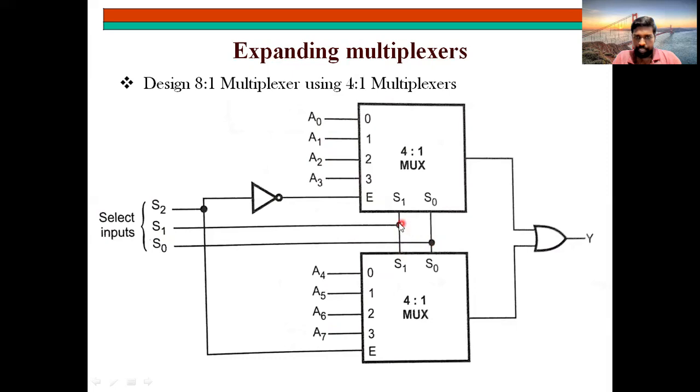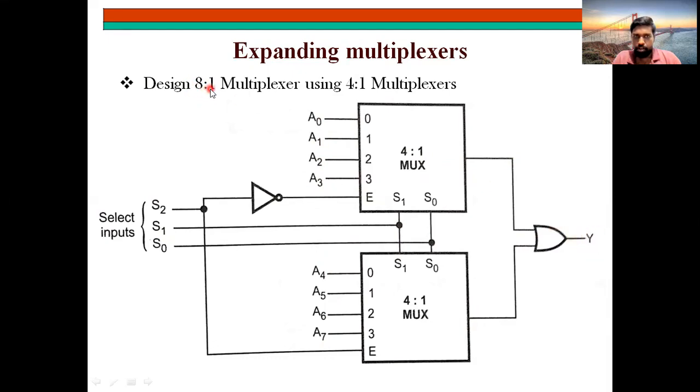Whenever we are performing cascading, that means tying of inputs, then these 4 inputs and these 4 inputs will add. So 4 plus 4, you will get 8. So we got 8 inputs. And for this, you will have one output outside, and for this also one output outside. So connect them with an OR gate, and we'll get one single output as Y.